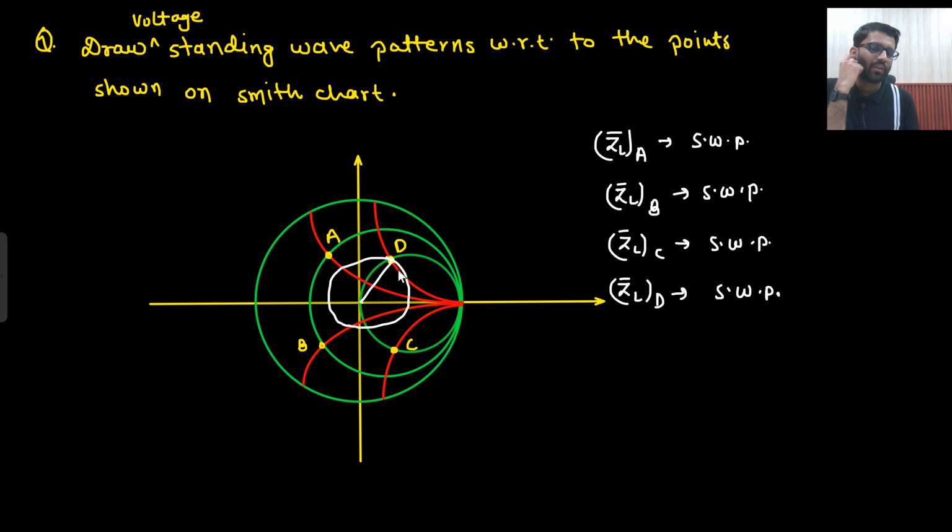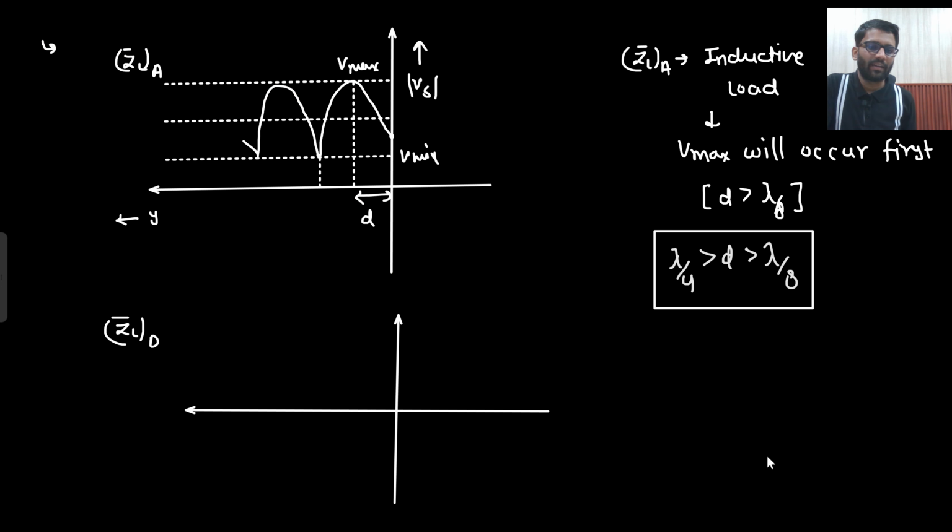Then if I move in the clockwise direction, I need to walk for less than 90 degrees. That means I need to walk for less than lambda by 8 distance, right? So this is also an inductive load, and first you can see that voltage maxima will occur, but how much do you need to walk? You need to walk for less than lambda by 8. So d has to be less than lambda by 8.